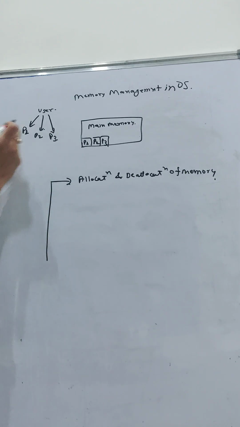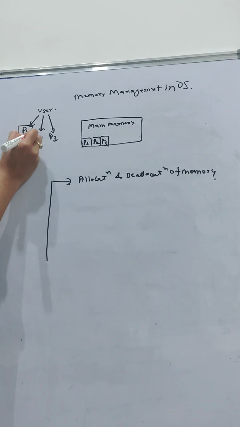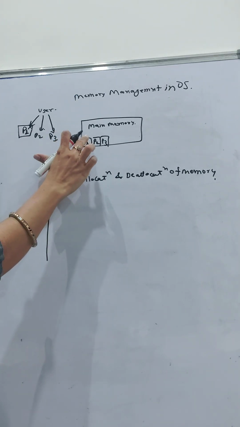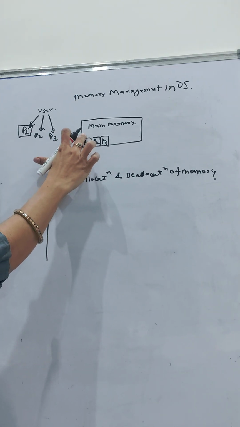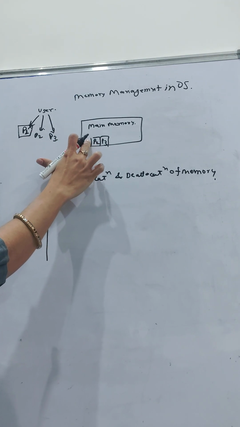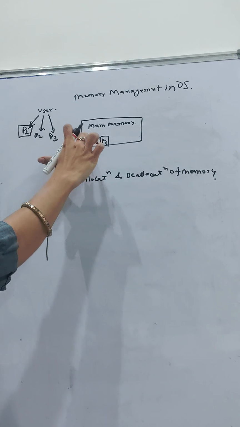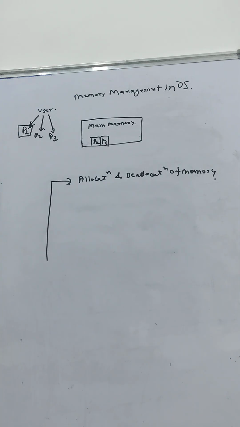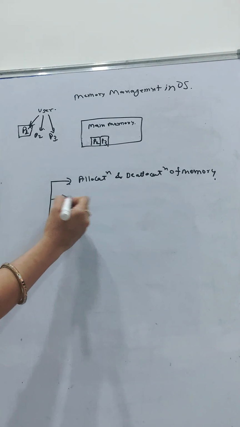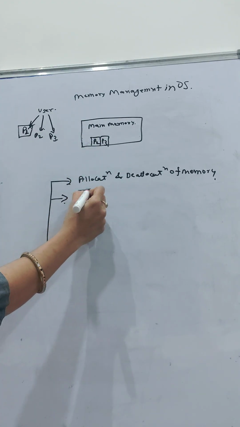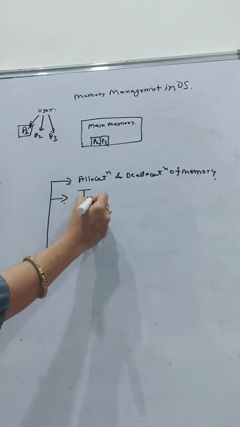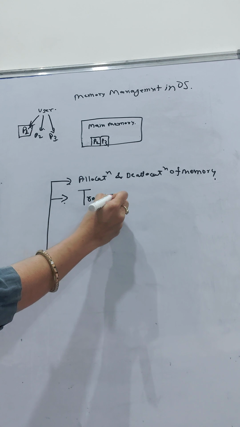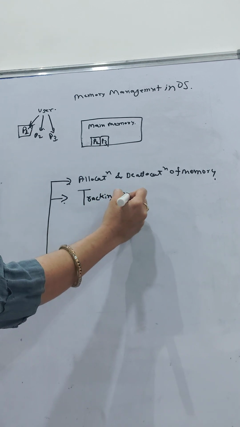So suppose a user closes this application P1. Deallocation will also happen by the operating system very properly, so this P1 will be deallocated from the main memory. Now the second point is tracking memory status.